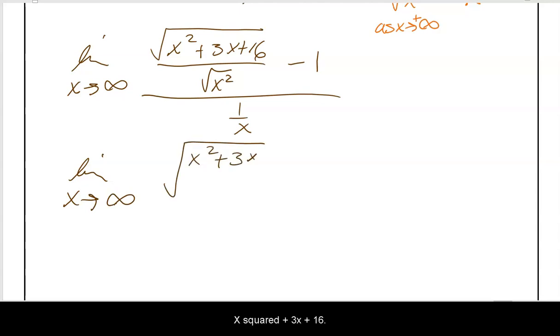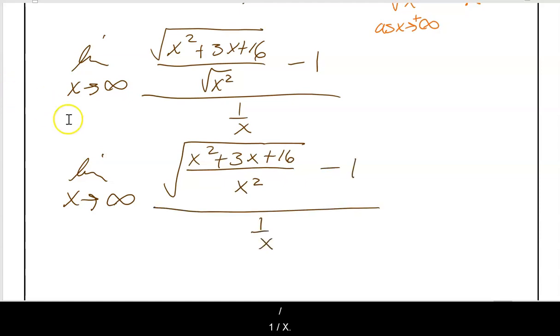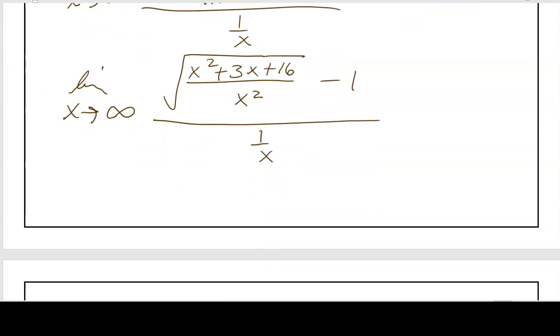So I have x squared plus 3x plus 16, now divided by x squared, all under one radical, minus 1 over 1 over x. But then I can separately break up this fraction under the square root by dividing each term in the numerator by the single term in the denominator, x squared.